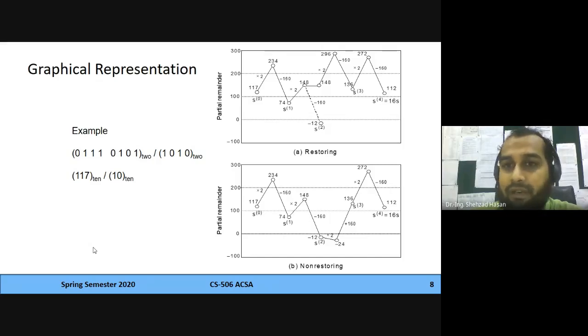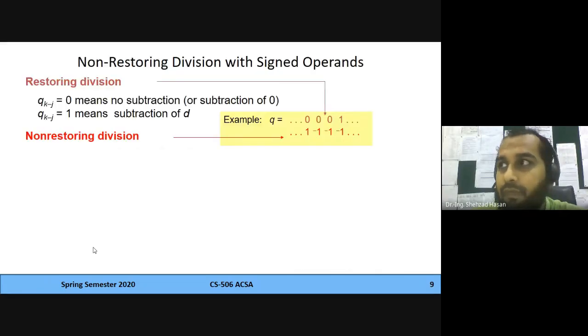Up till now we have discussed only unsigned numbers. Now we are going to look at signed number division. Signed number division is a little tricky, and it's not easy because sometimes you might not get to the right answer, so you need some correction steps.